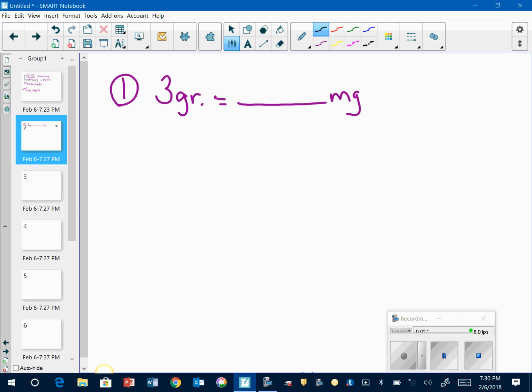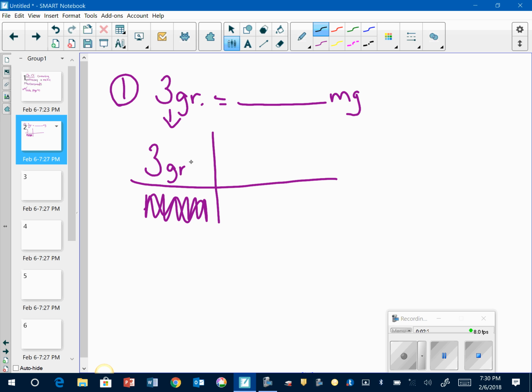So you look in your chart. First, you do your little cross conversion chart. Bring down your 3 grains here, and bring down your milligram units here. If you have grains here, you're going to put grains here.